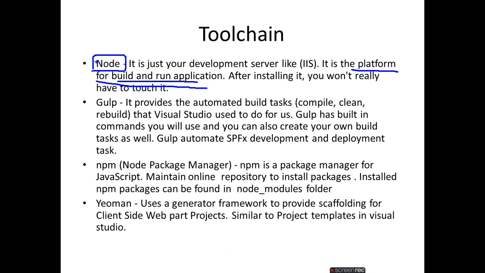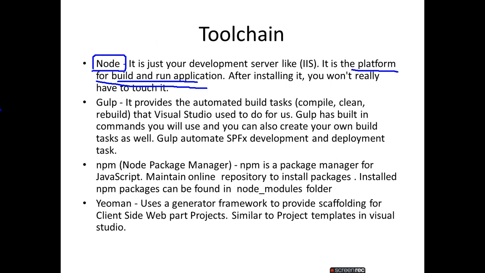It creates the platform on which we start working, which is called Node.js, nothing other than it. It's like IIS, which is used to host our application and all. Whenever we start working, we require Node.js for that. On that platform we start working or building our application.